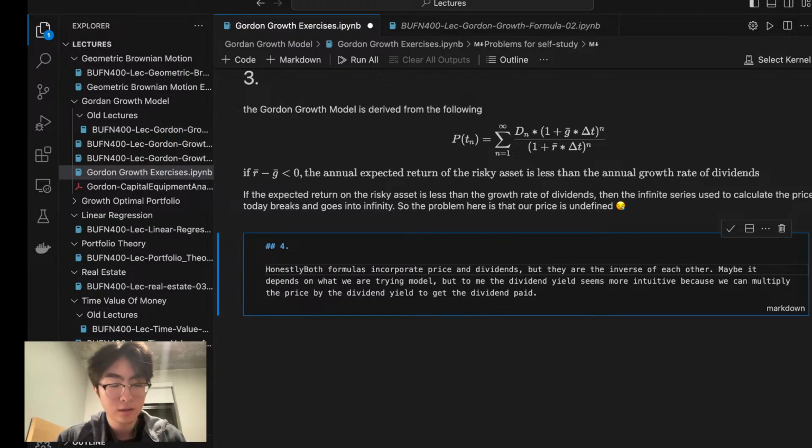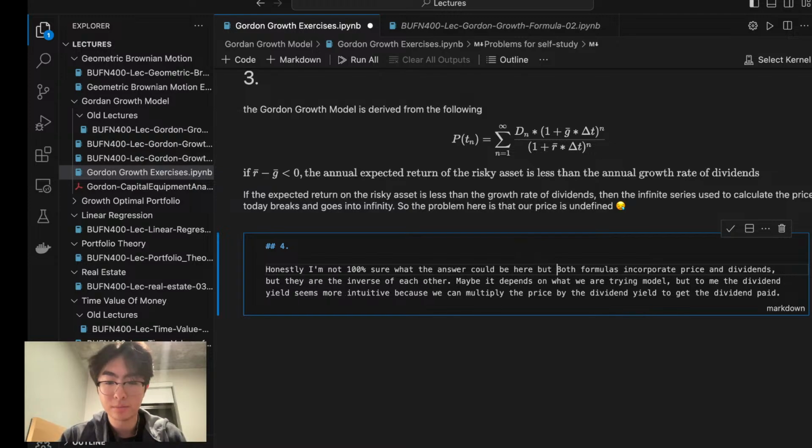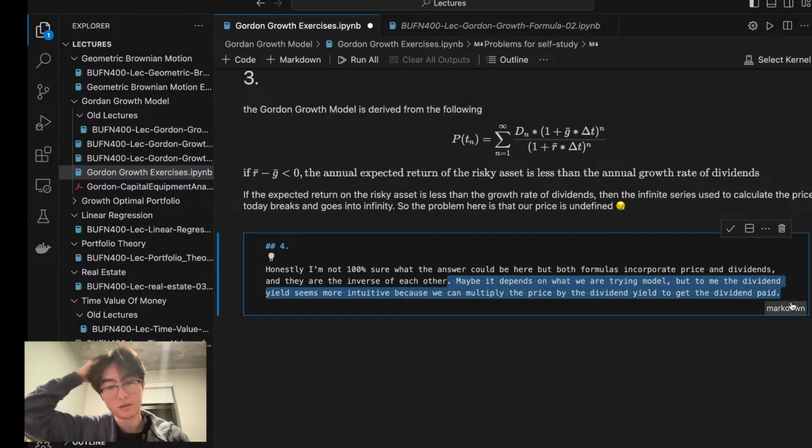Honestly, I'm not 100% sure what the answer could be here, but both formulas are the inverses of each other.